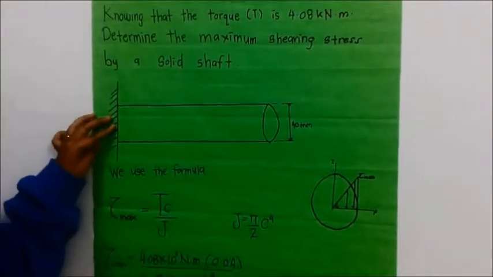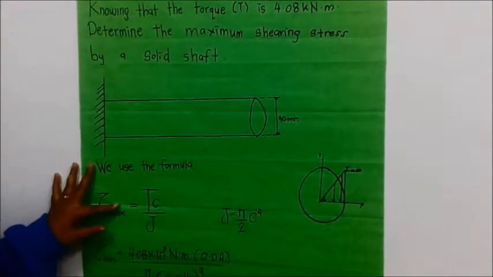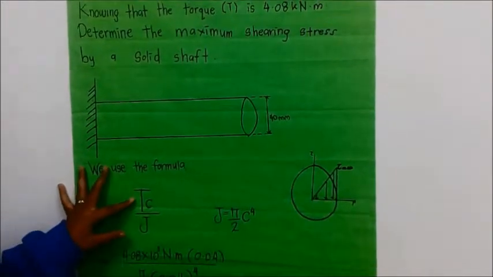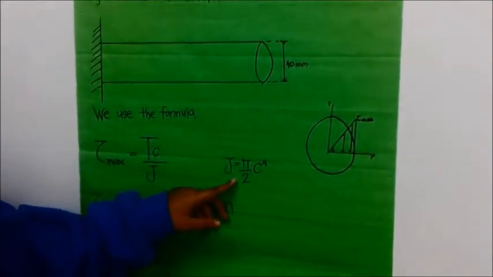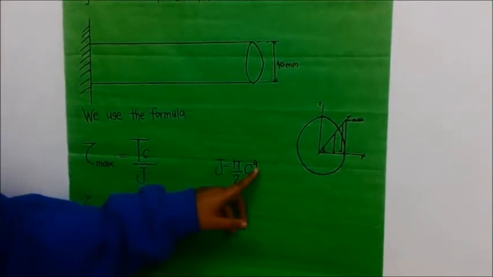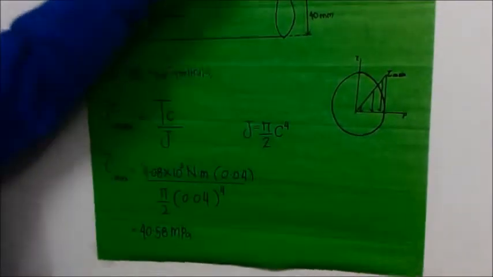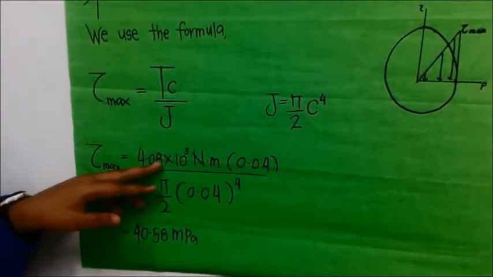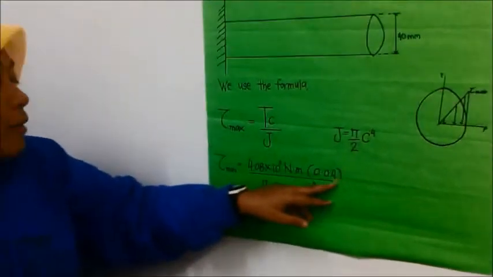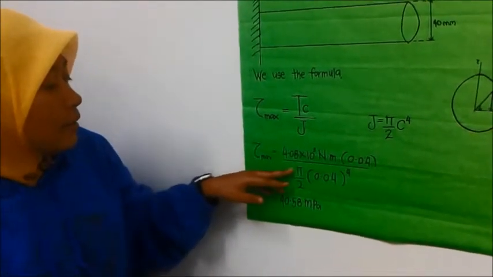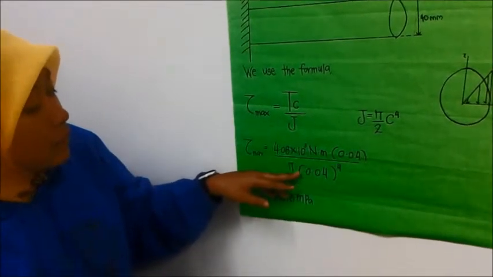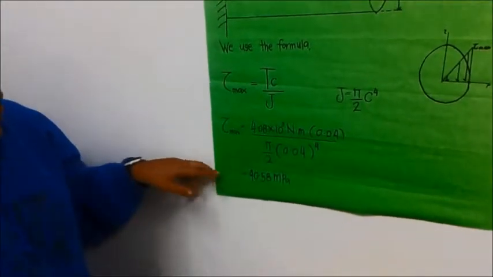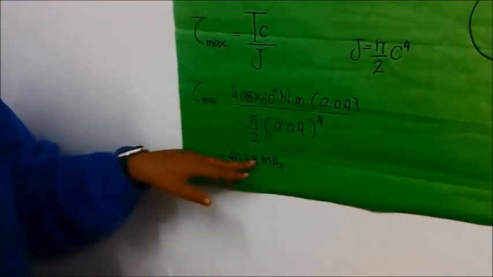We use the formula from subtopic 3.4: maximum shearing stress equals Tc over J, where J is pi over 2 times C to the power 4. Substituting T equals 4.08 kilonewton meter times 0.04 meter, divided by pi over 2 times 0.04 to the power 4, the value is 14.58 megapascal.